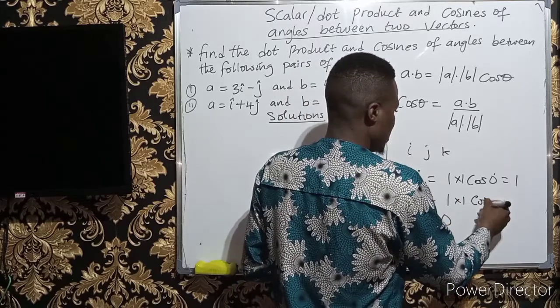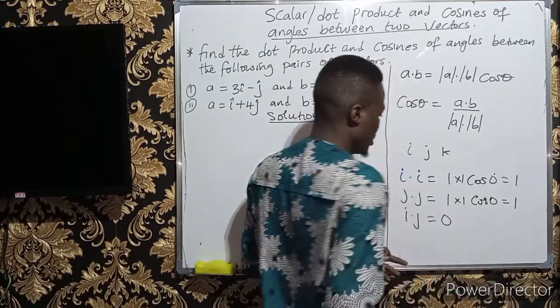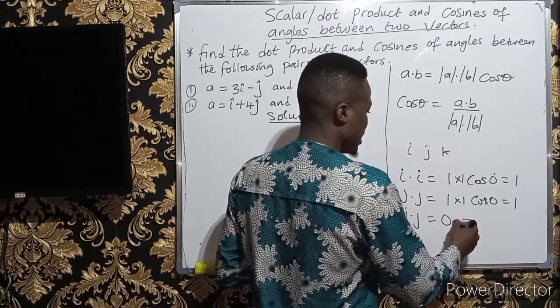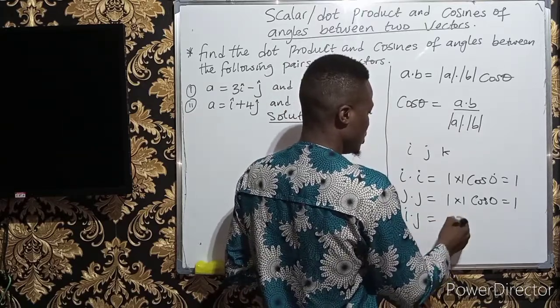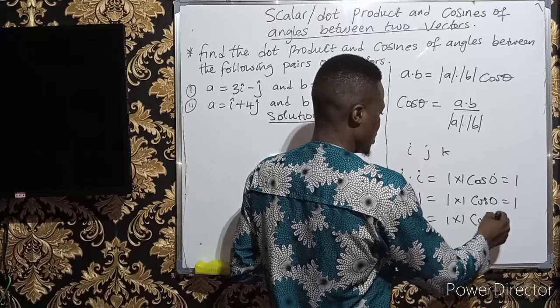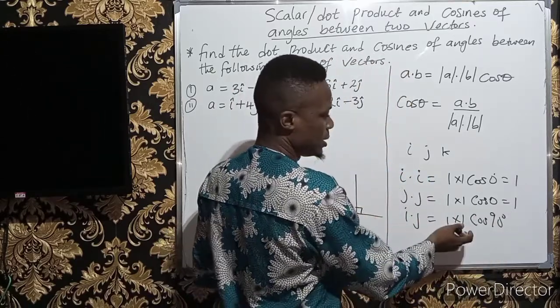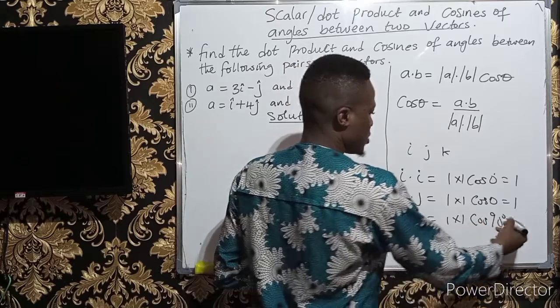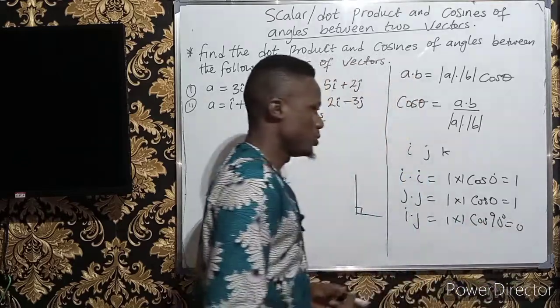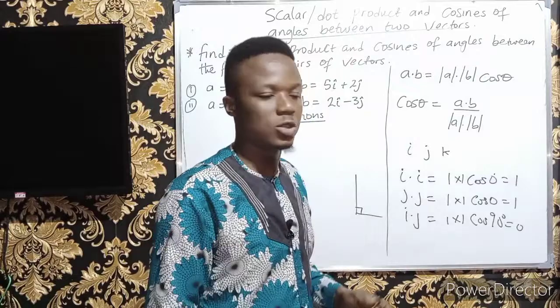Also the angle between them is 0, this will still give us 1. But i and j are different. The angle between them will just be 90 degrees because they will appear to be like this. The angle between them is just 90 degrees, and cos 90 is 0. 0 times all these things here will give us 0. So these are the key information you need to know.